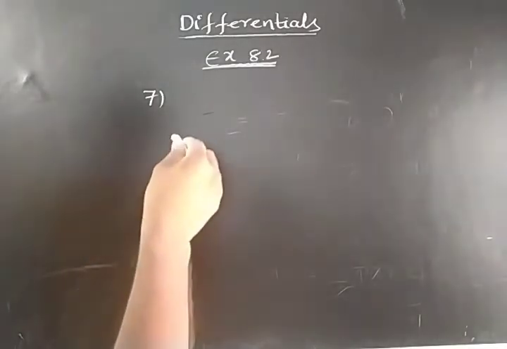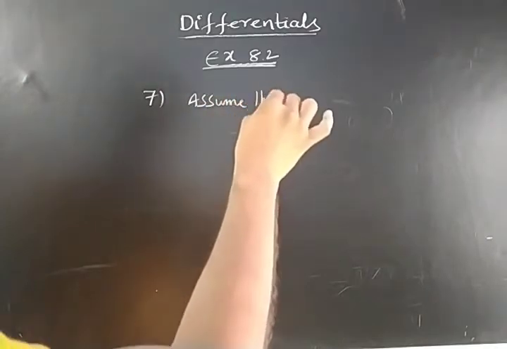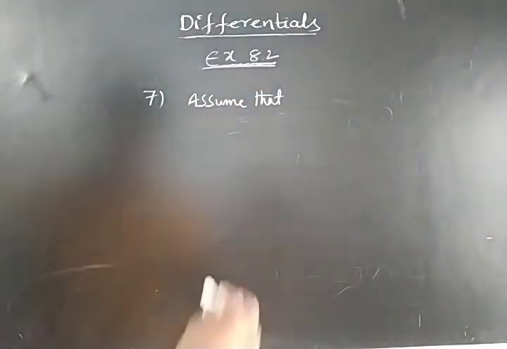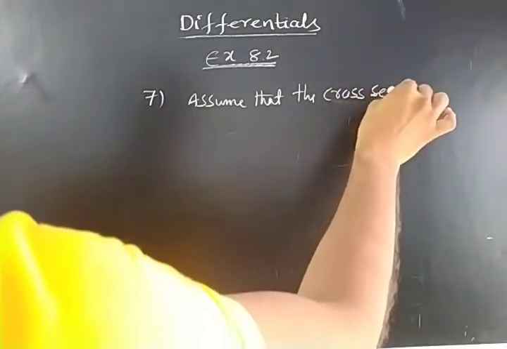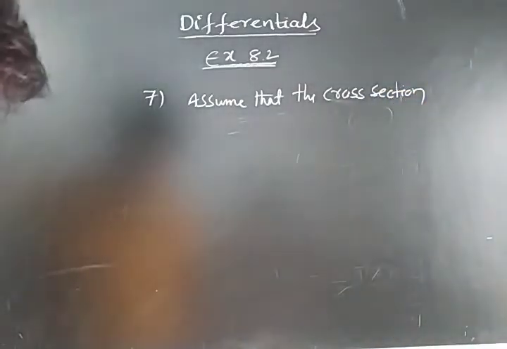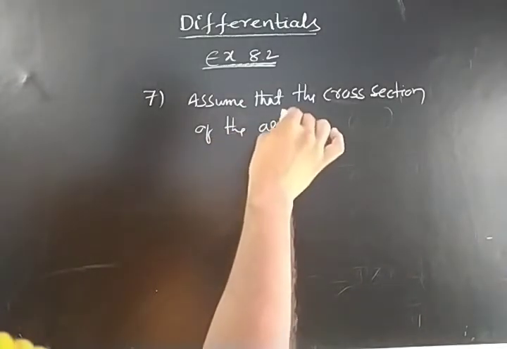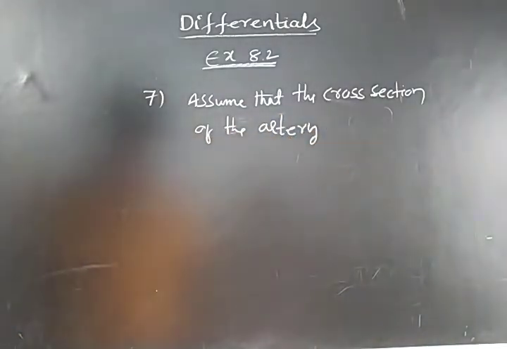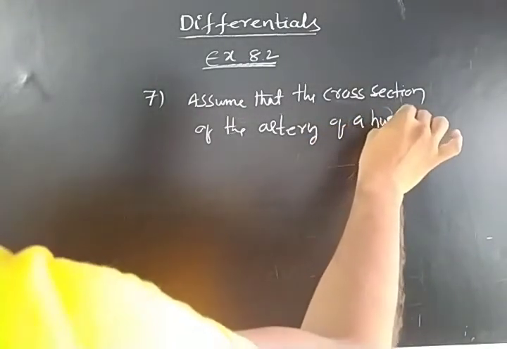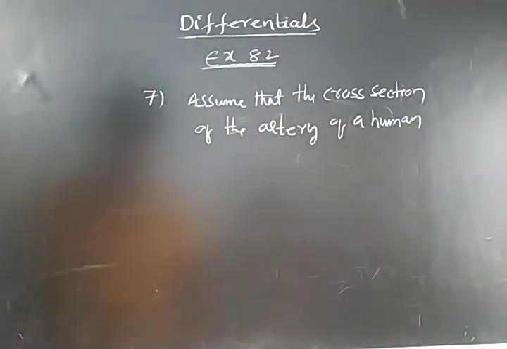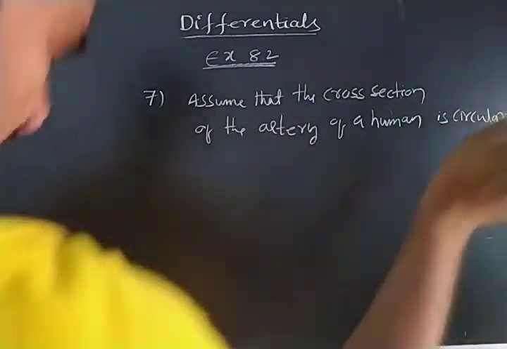Assume that the cross section of the artery of a human is circular, is in the form of a circle.